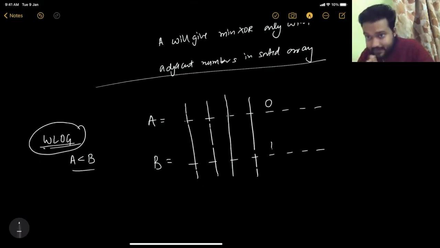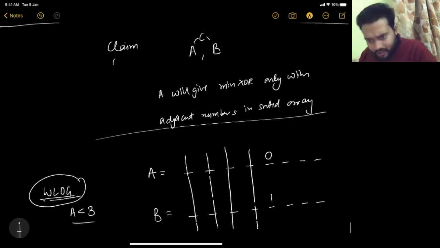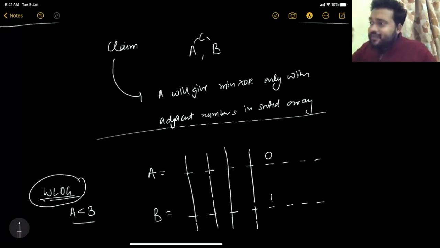I can give you a new number. Let's call that number X, which is not between A and B, because that is what your claim says. Your claim says you are only going to look at adjacent numbers in your sorted array. I say, no, I have a number X that is not between A and B, which will give me a smaller XOR with A. How many of you appreciate this? If I try to prove this and realize this is not possible, I will have proved that A can only give minimum XOR with B.